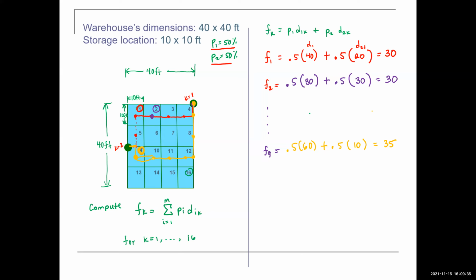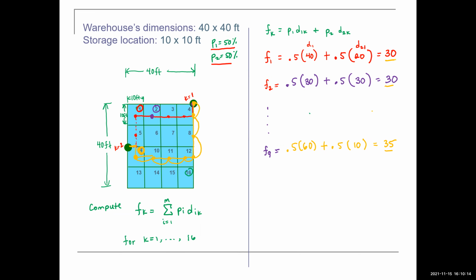So this is 10, 20, 30, 35, 45, 55, 60. And those are rectilinear distances. So I got the 60 from going from the centroid to that door. And now the 10 is from this centroid to this door. So it's 5 and 10. And then we multiply 60 by 50%, and then we add 50% of 10, that's 35.